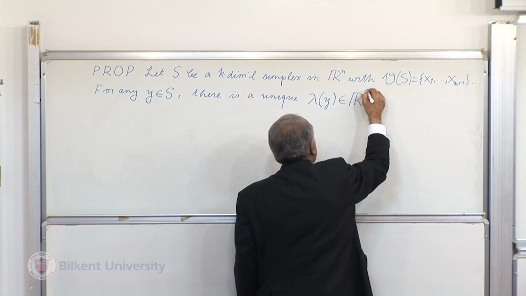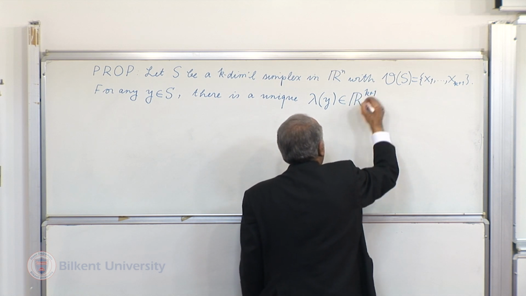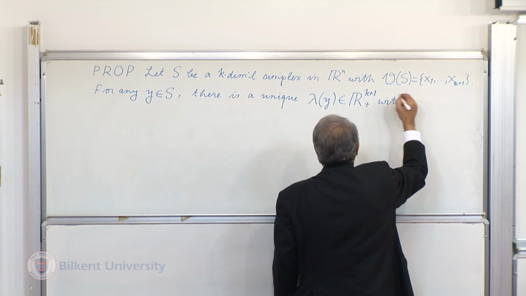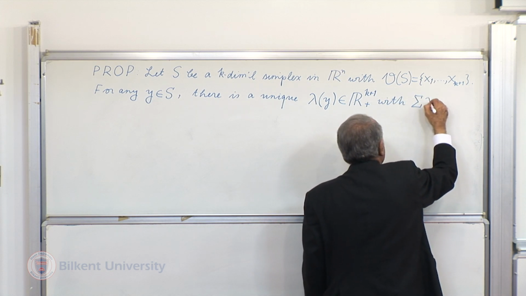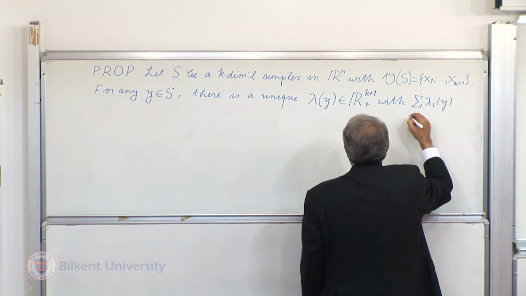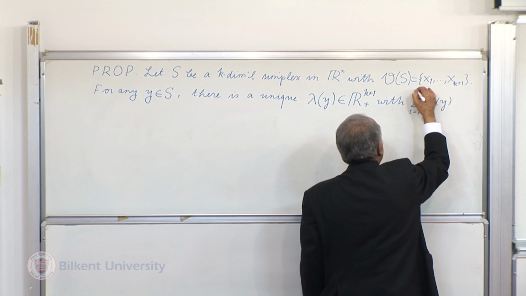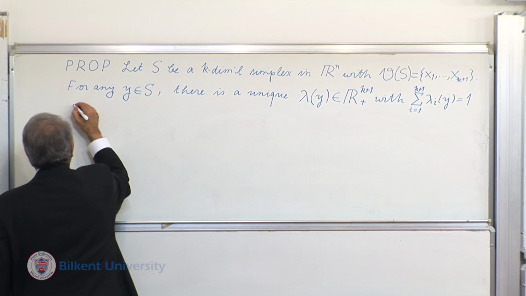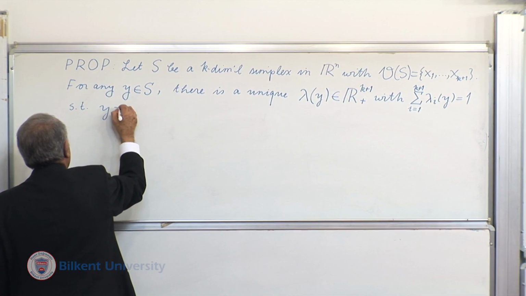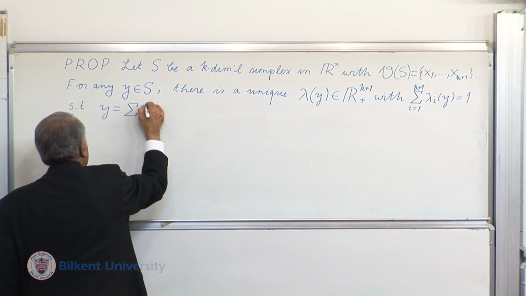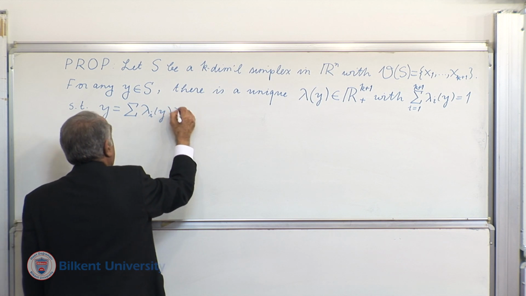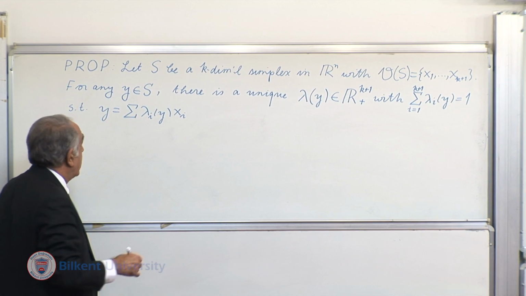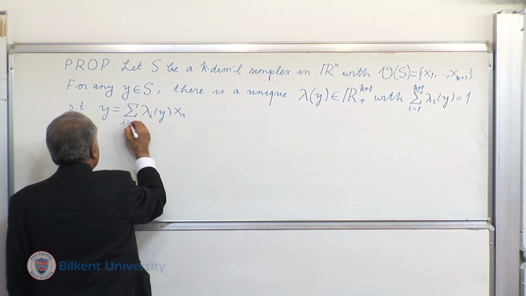Now that will be in R^(k+1) plus, with the sum of its components, lambda_i^y, i from 1 to k plus 1, equal to 1, such that y will be equal to the convex combination of the xi's using the components of this lambda y as the coefficients in the combination.